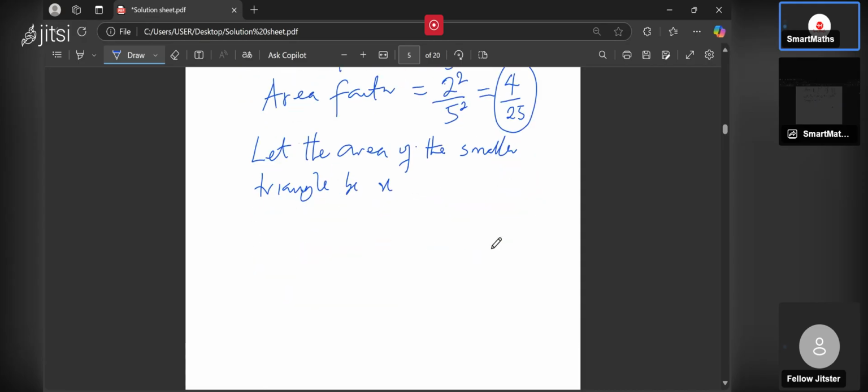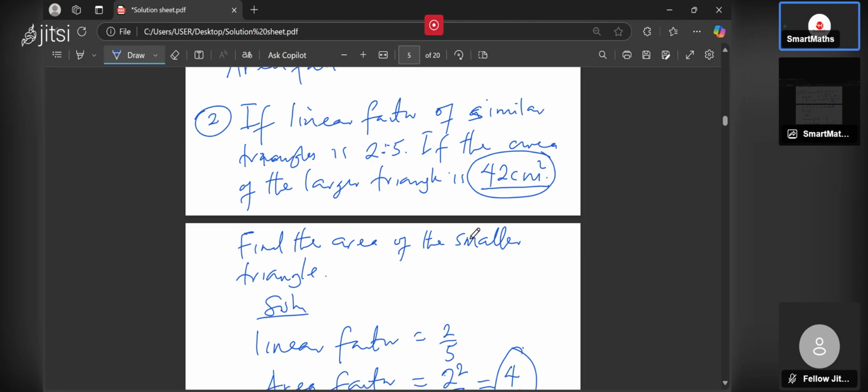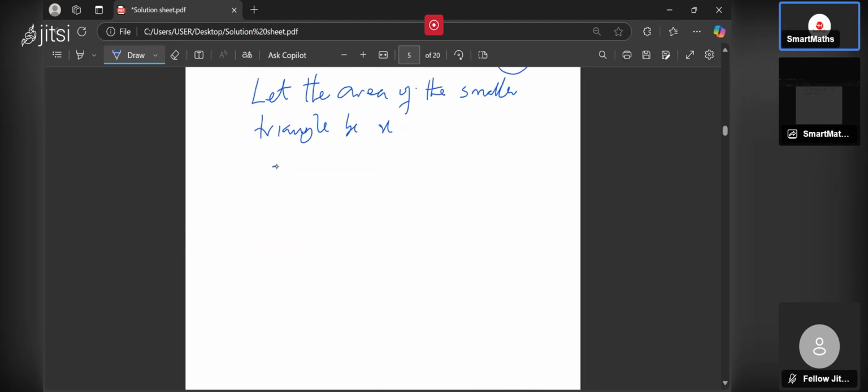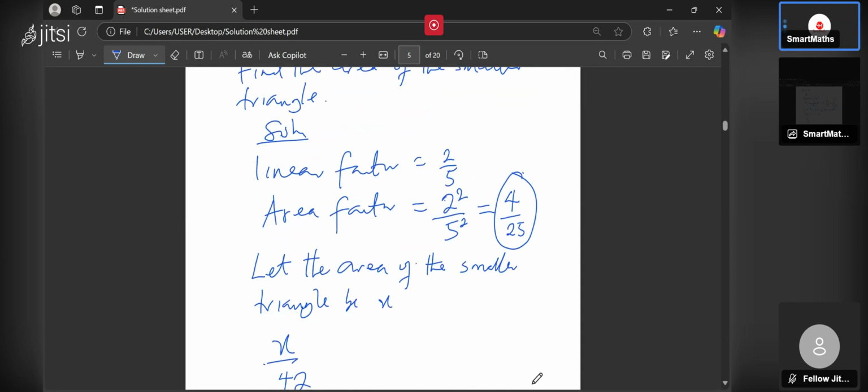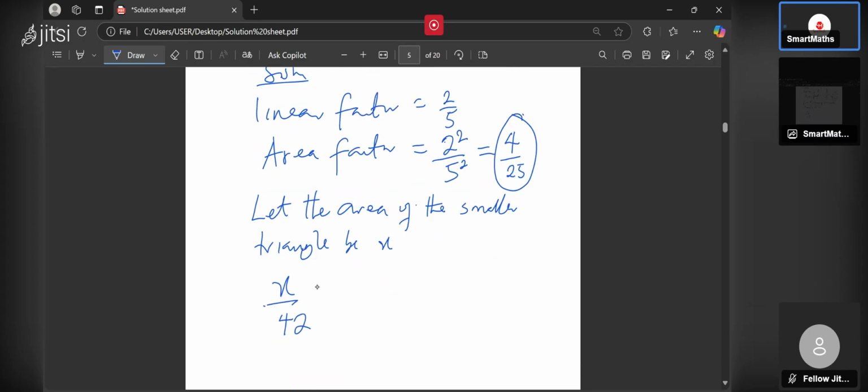We have been given the area of the bigger triangle to be 42. So that's x over 42, which equals the area factor 4 over 25. From here we find the value of x by cross multiplying.